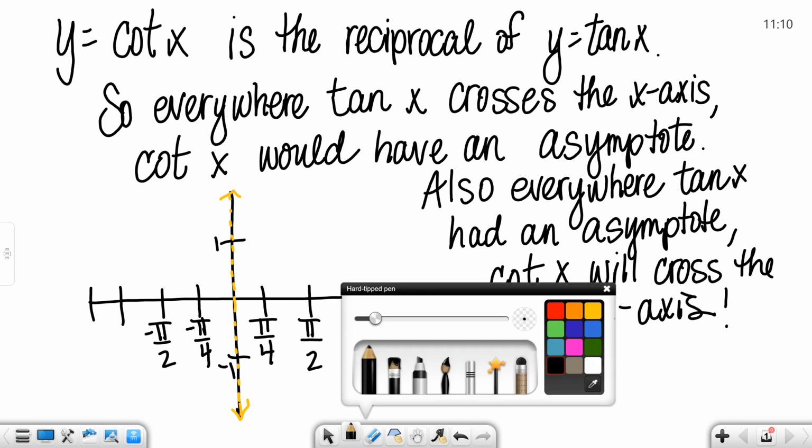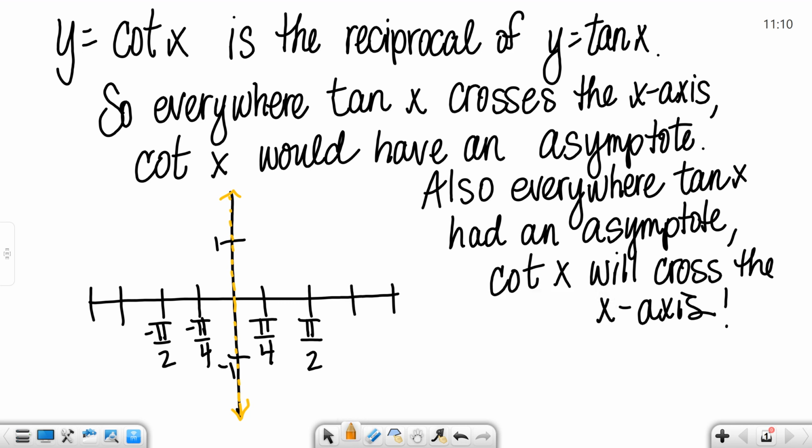So that is super helpful. Let's go back over here. Tangent had an asymptote at -pi over 2, and so it says that cotangent will cross the x-axis right there. Well, it also had an asymptote at pi over 2, so it will cross the x-axis at pi over 2.